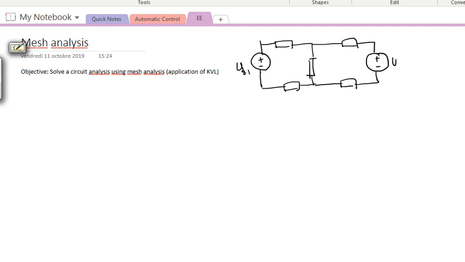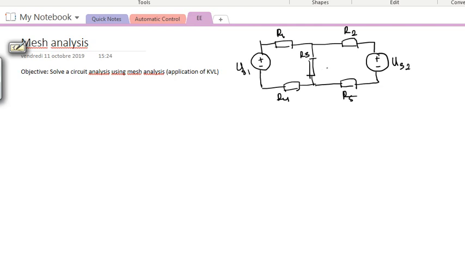I'll call this second voltage supply US2, and the resistances are called R1, R2, R3, R4, and R5, right? So you have a circuit with two meshes, on the left and on the right side. You have two power supplies, US1 and US2, and you have 5 resistances connected in this configuration.